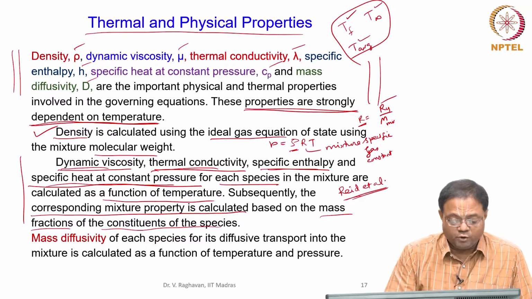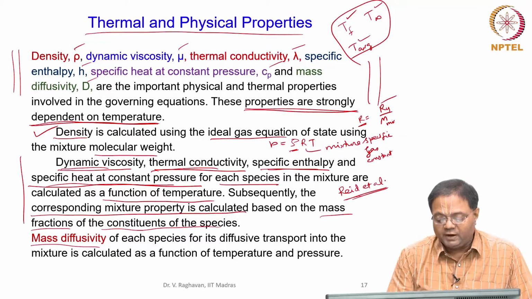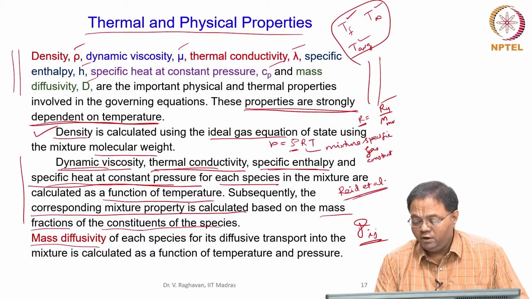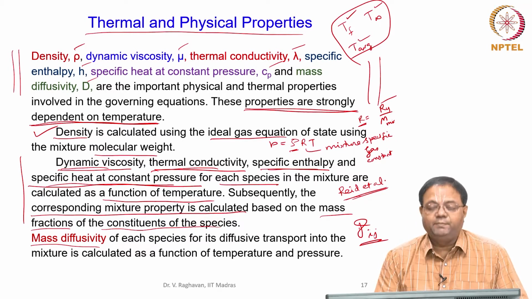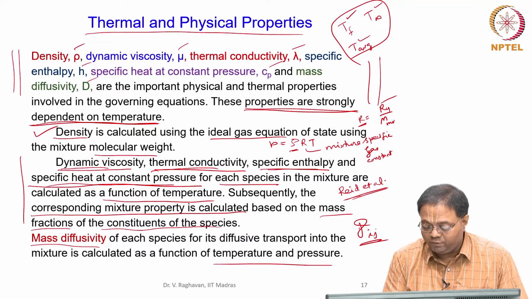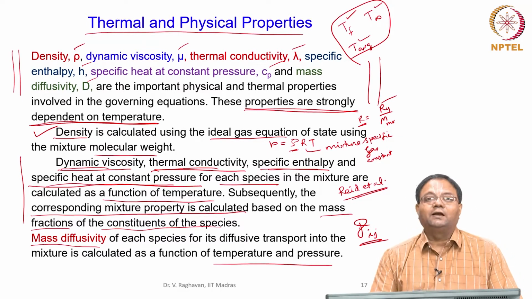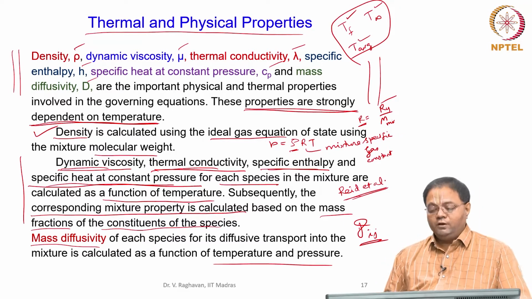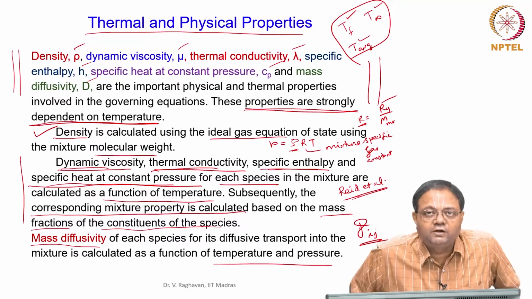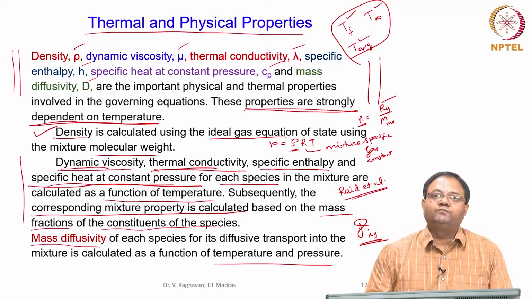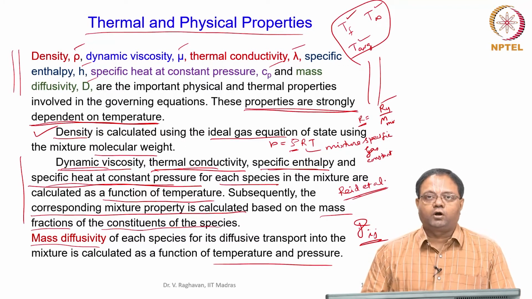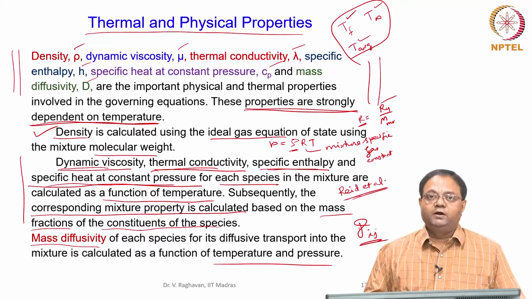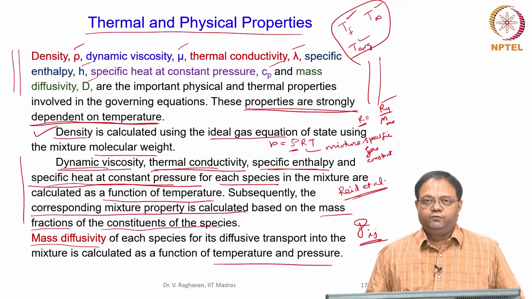Okay. Now, what about mass diffusivity? The binary mass diffusivity D_ij of a pair of species i and j can be calculated as a function of temperature and pressure. Once the diffusion coefficient is known, you can calculate the diffusion velocity. Similarly, the thermal diffusion coefficient also can be calculated using some correlations, and using it you can calculate the diffusion velocity due to thermal diffusion, the Soret effect.